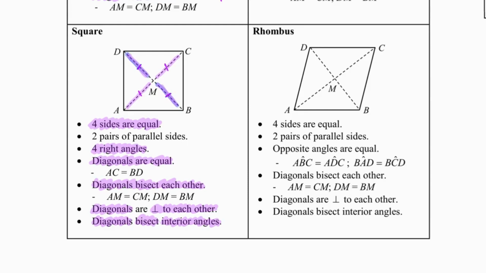Next thing to take note of is that they are 90 degrees, 90 degrees, 90 degrees, 90 degrees. So this only works for a square. Okay, I repeat, only for a square. And they bisect the interior angles, meaning that this is going to be 45 degrees and 45 degrees. Again, this only works for a square.